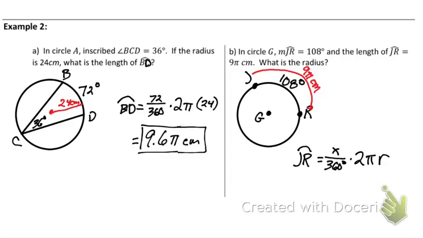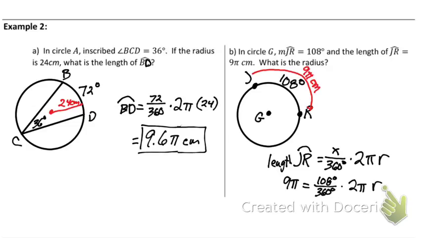That is JR. So in other words, we could say the length of JR is going to be 9 pi. So let's put 9 pi in that place. It is going to equal, we know the degree measure is 108, so 108 divided by 360 times 2 pi r. R is the only thing I don't know.